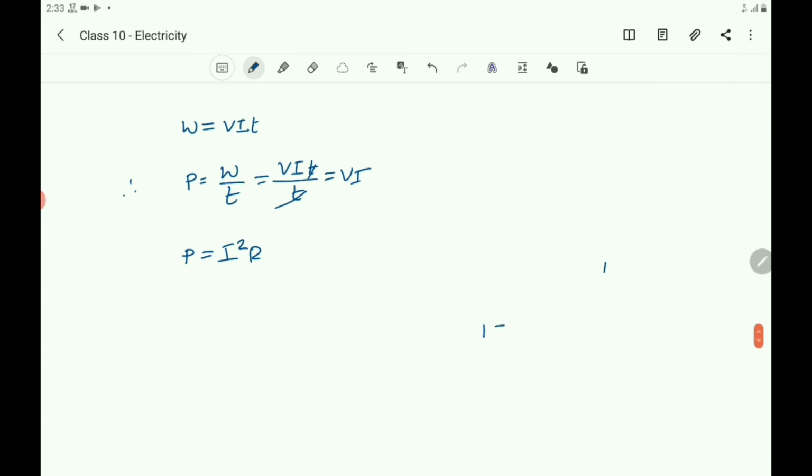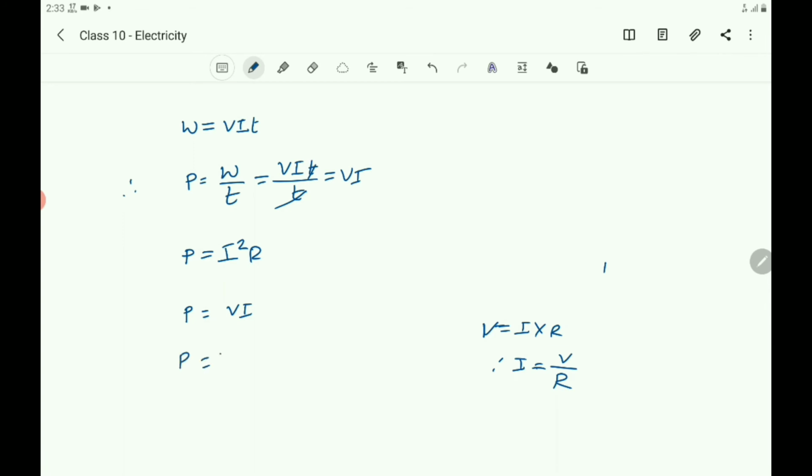Here you know that P equals V I and V equals I into R. Therefore, I equals V by R.